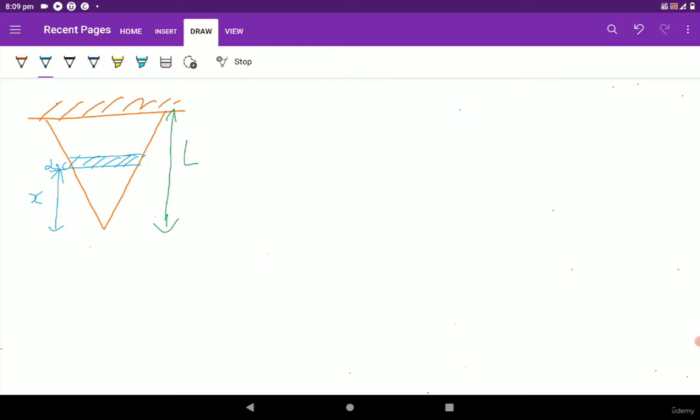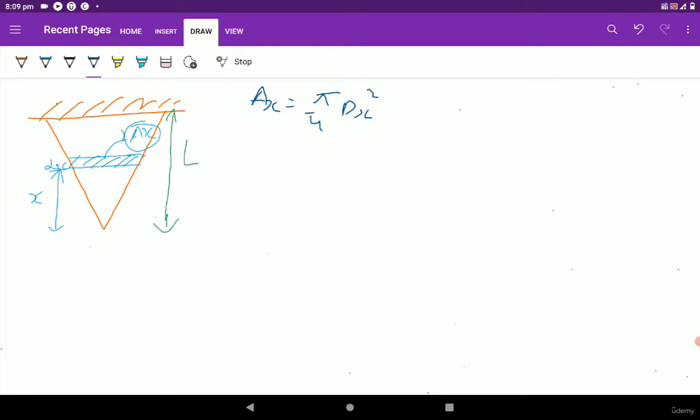The area of this strip we can write as Ax. This is the volume of the strip. Area of the strip, just take Ax. So we can write Ax is equal to pi by 4 dx square.